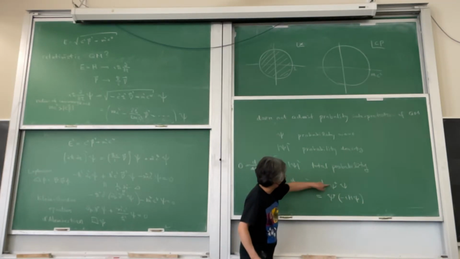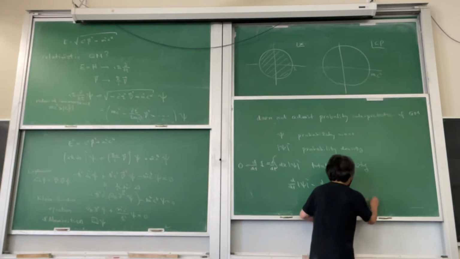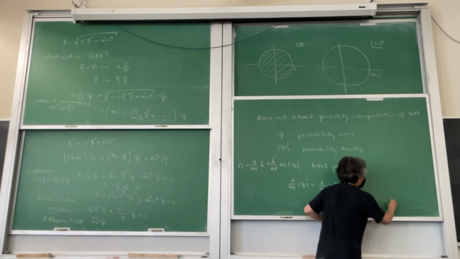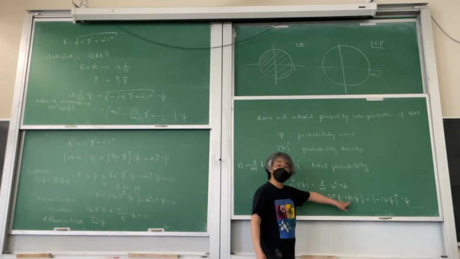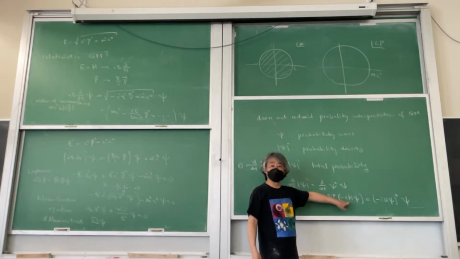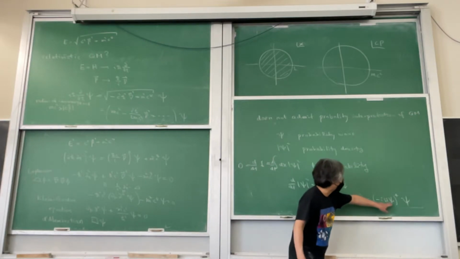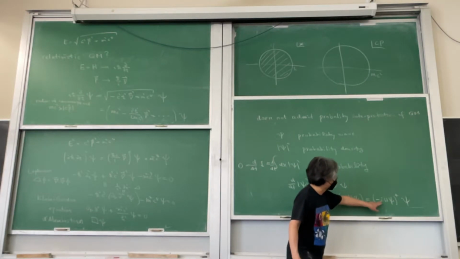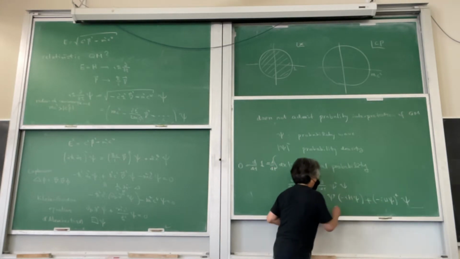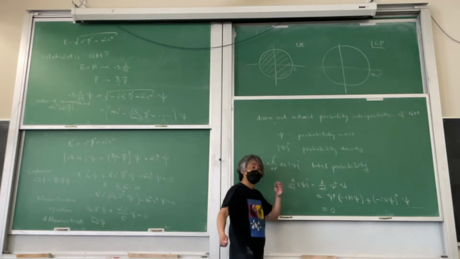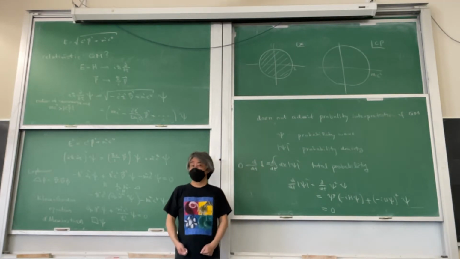The time derivative acting on psi dagger is minus i Hamiltonian dagger psi. And because the Hamiltonian is a Hermitian operator, if you take dagger here, this minus i changes to plus i, the Hamiltonian remains the same, and that cancels this one. So that's how the total probability was conserved.